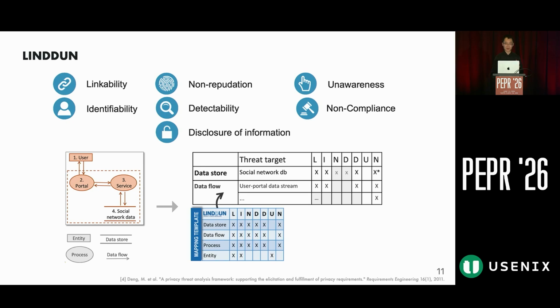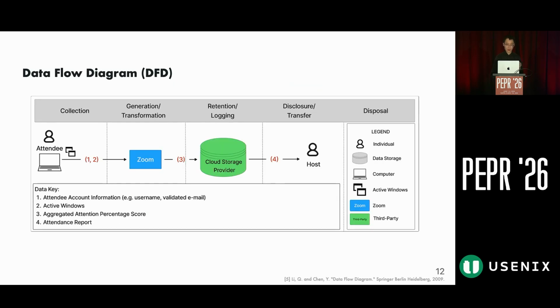And the main problem is that this representation is a general diagram from software engineering, and it is not specifically about privacy. So here's the data flow diagram, an example for the Zoom attention case.